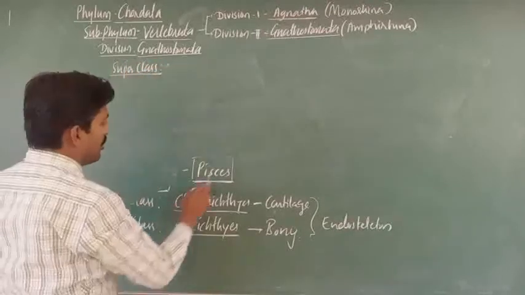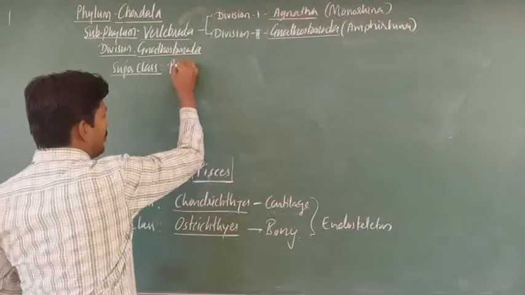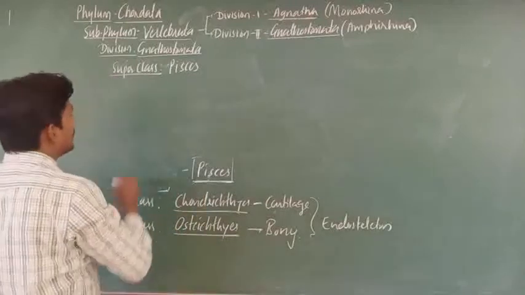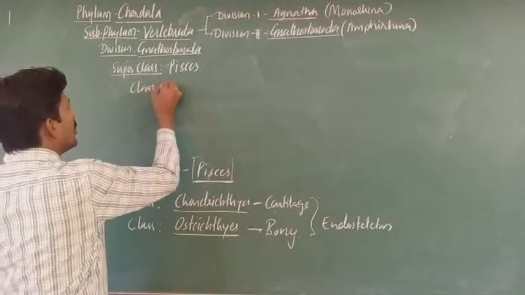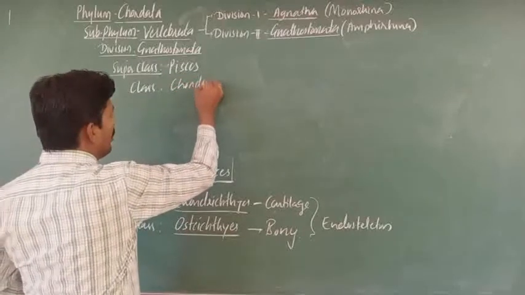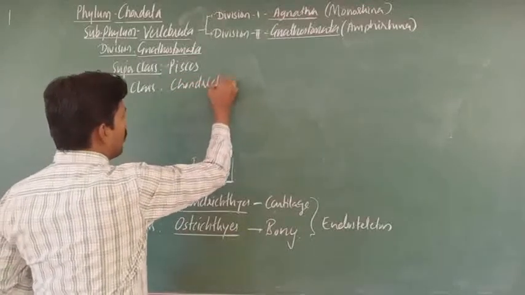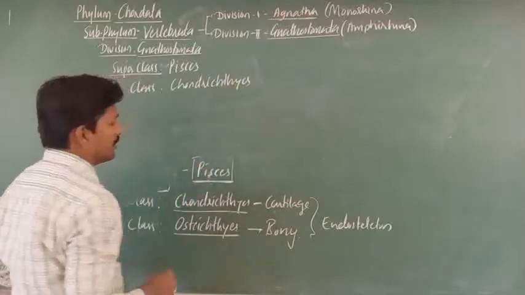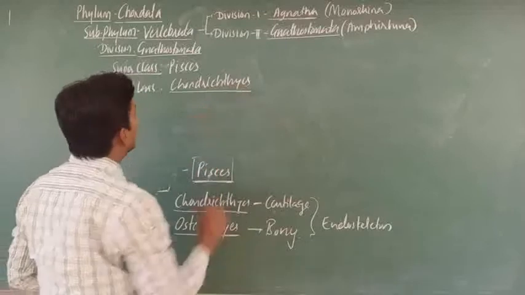Which one? Pisces. So next the class is Chondrichthyes. So this is Chondrichthyes, understood?